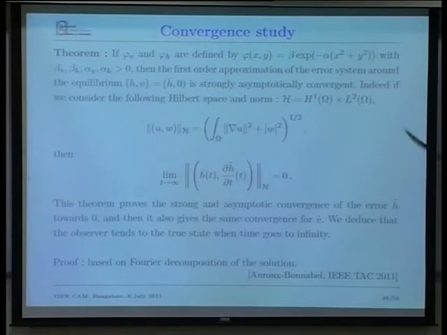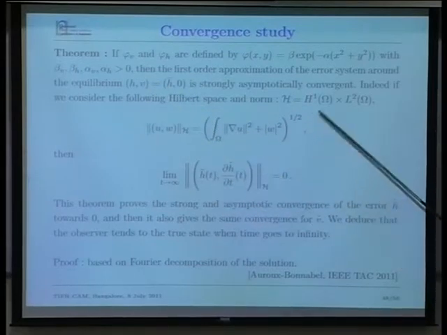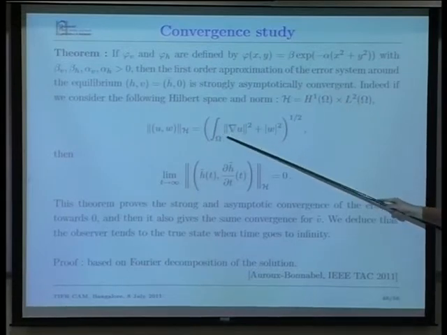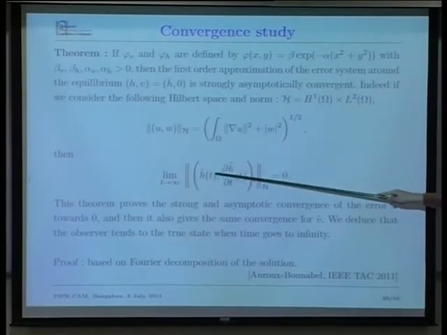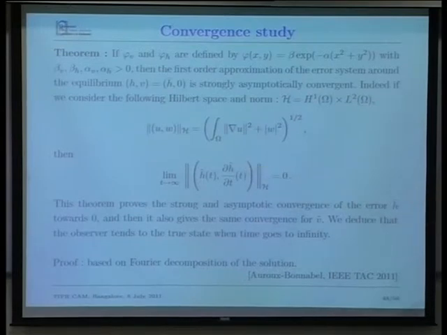So there is a result. If you take these kernels with strictly positive constants, then the system is strongly asymptotically convergent. And if you look at the H1 norm of the height plus the L2 norm of the derivative of the height, then it goes strongly to 0.